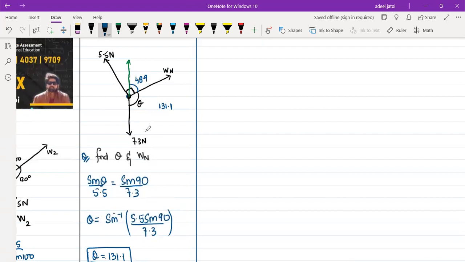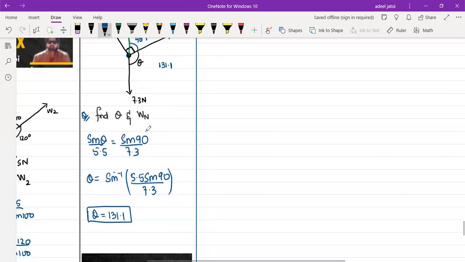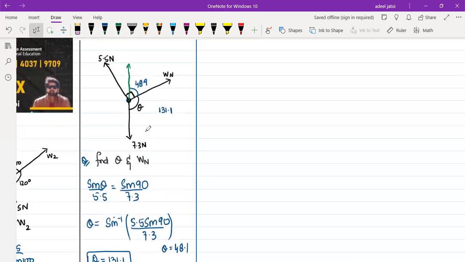Once we subtract from 180, we get 131.1, considering that it is an obtuse angle, more than 90 degrees.